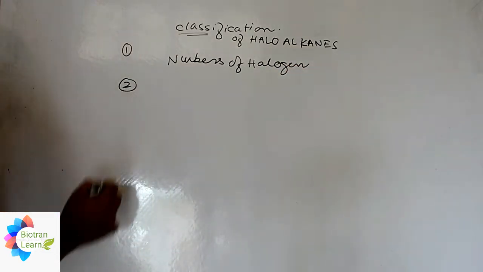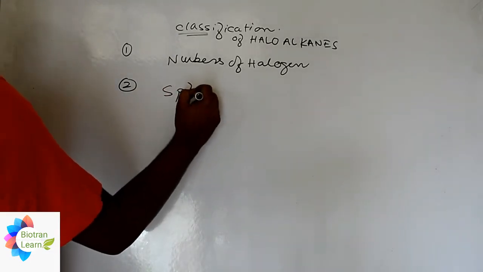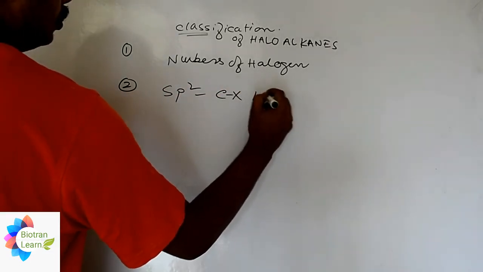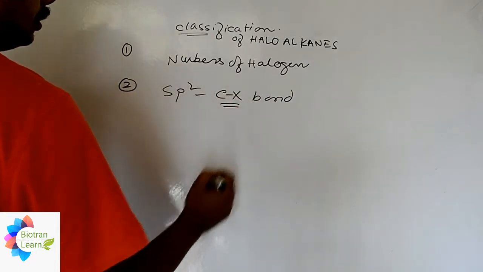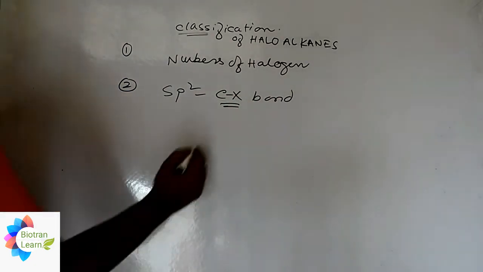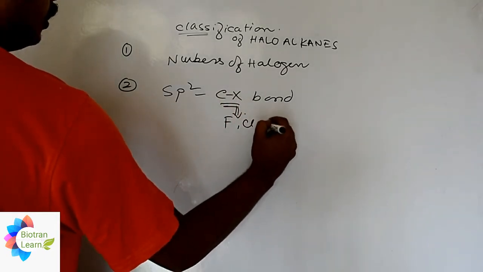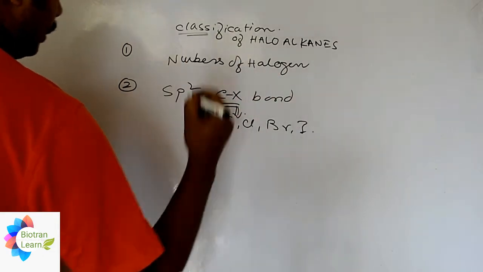Number 2, that could be on the basis of sp3 C-X bond, that is the carbon-halogen bond between them, where X may be defined as F, Cl, bromine or iodine.